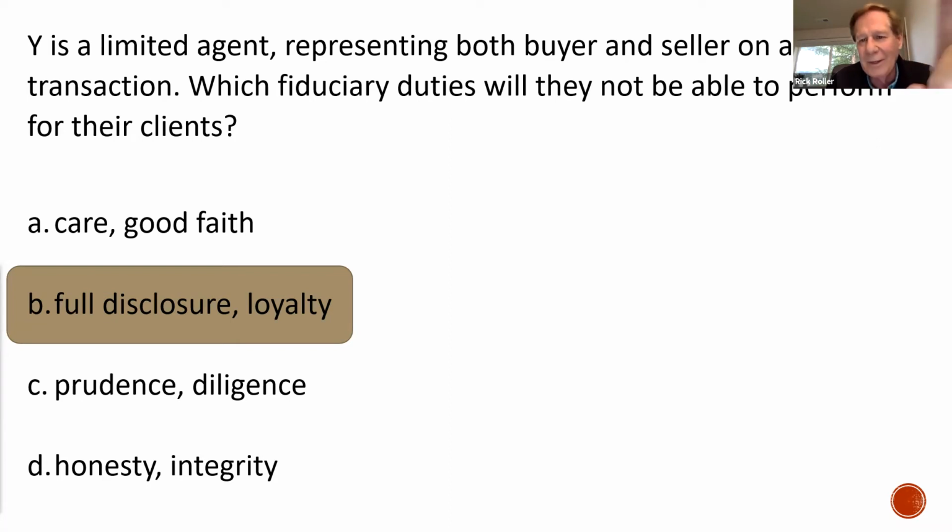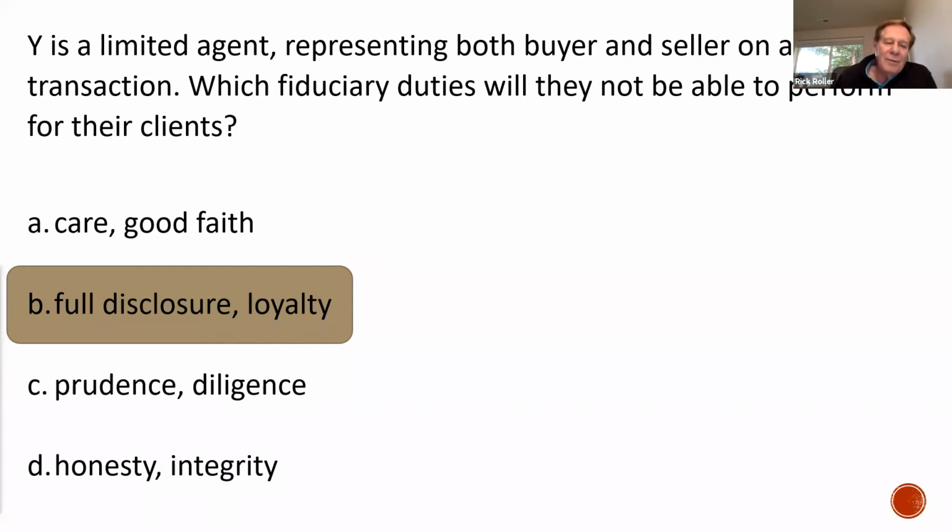But if you're representing the seller also, you have to keep the buyer's secret and you have to keep the seller's secret. So there's some issues, and primarily, the purchase price, how low the seller will go or how high the buyer will go, obviously is something that if you're representing both people, you can't give full disclosure. Each one has their right to have their secret kept.